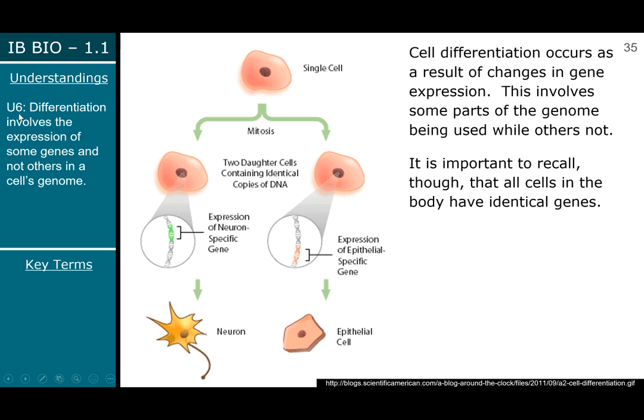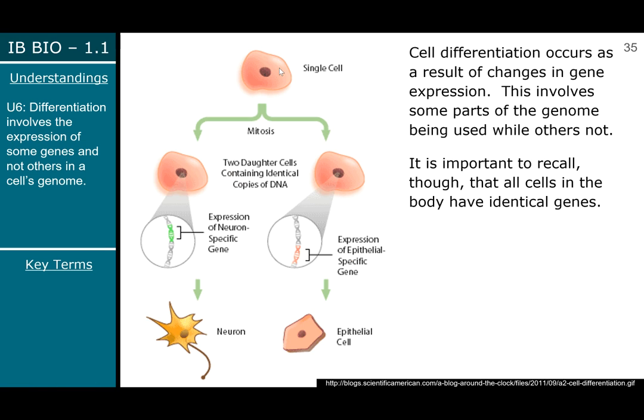So understanding number 6, differentiation involves the expression of some genes and not others in a cell's genome. So cell differentiation occurs as a result of changes in gene expression. This involves some parts of the genome being used, but not others, right? This is important to recall, though, that all cells in the body have identical genes. So this singular cell contains all the instructions to become any type of cell.